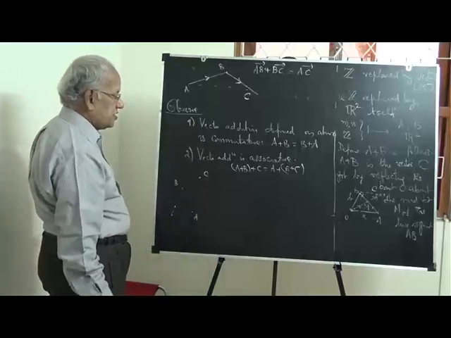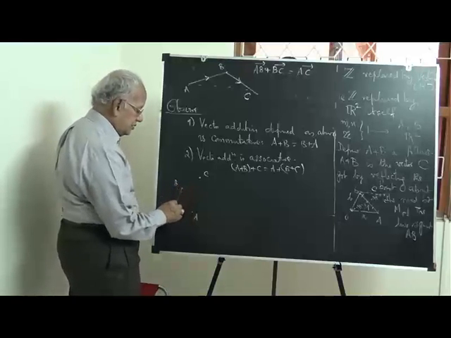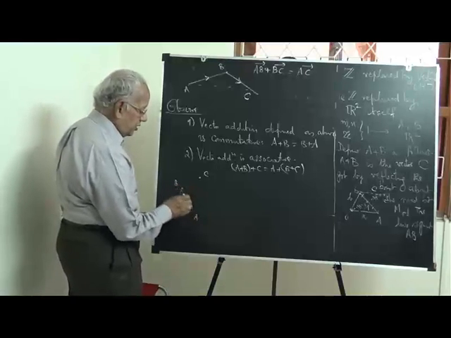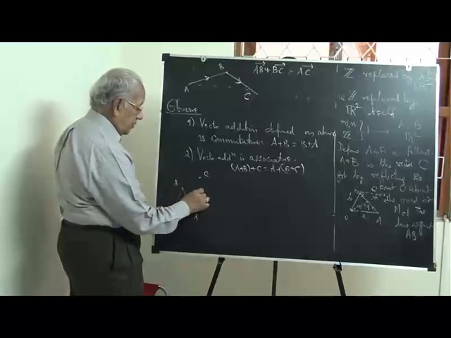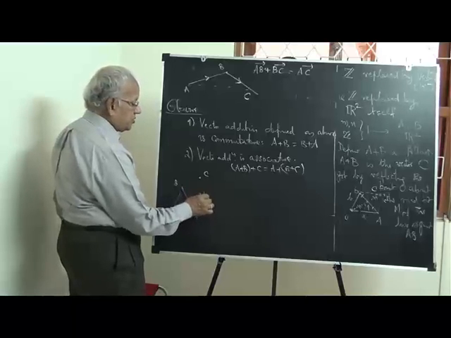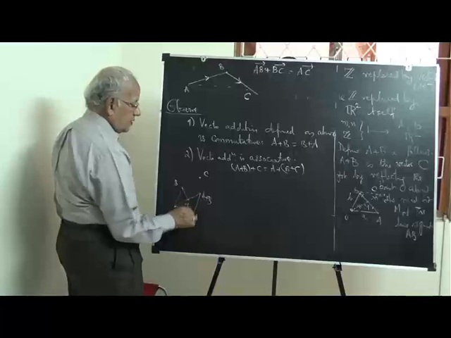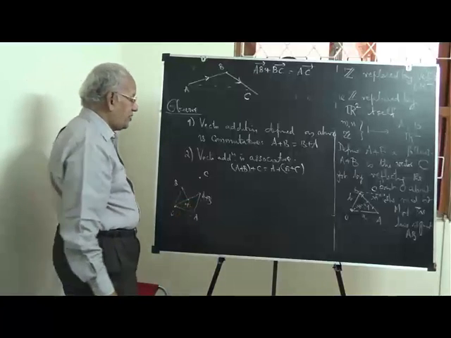Now first I have to find A plus B. So how do I do that? I have to look at the midpoint of this and then reflect O about it. This is A plus B. And then what is A plus B plus C?